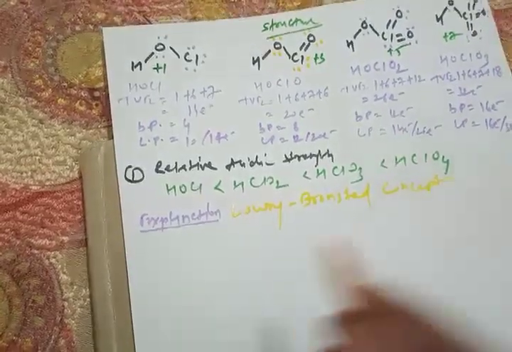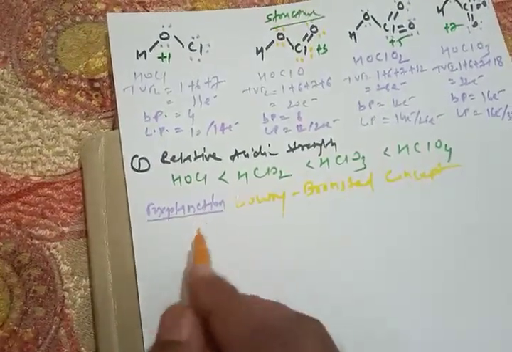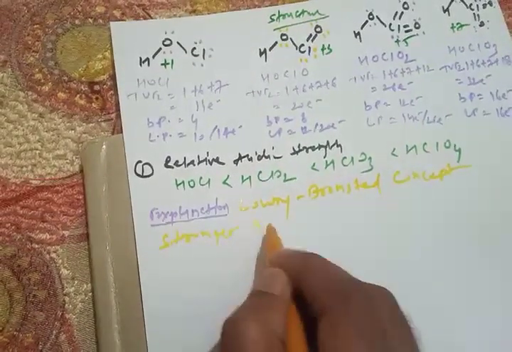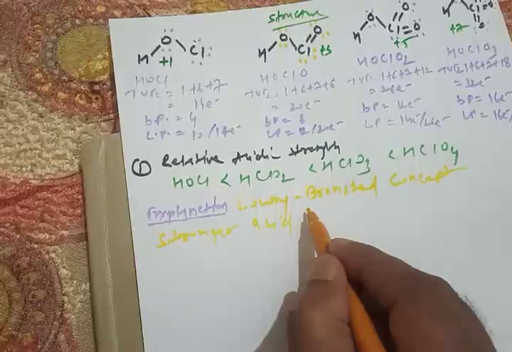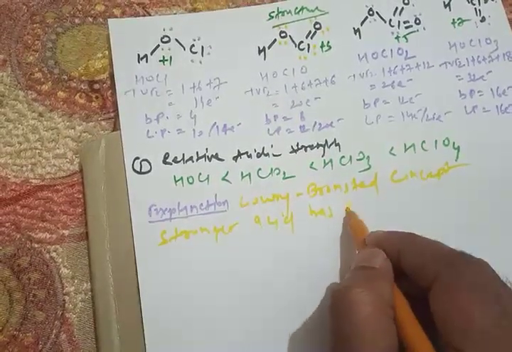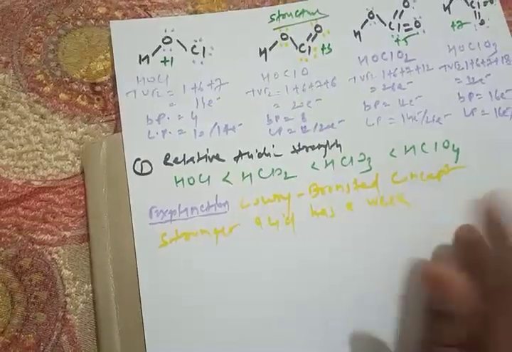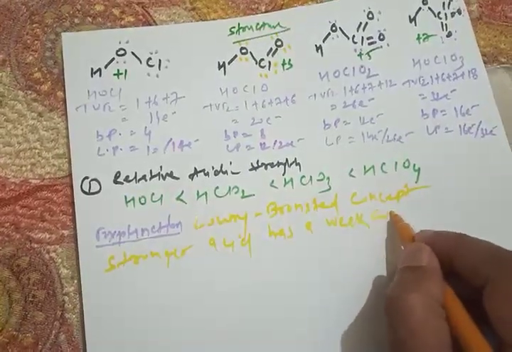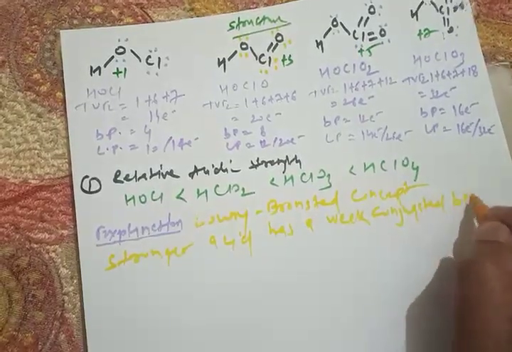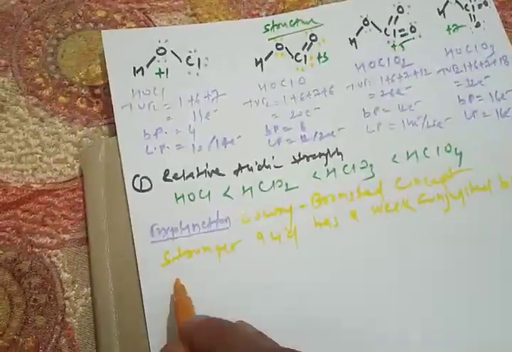And what was that? A stronger acid has a weaker conjugate base, and vice versa.